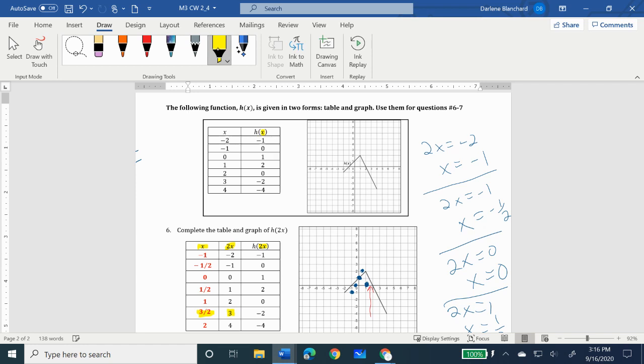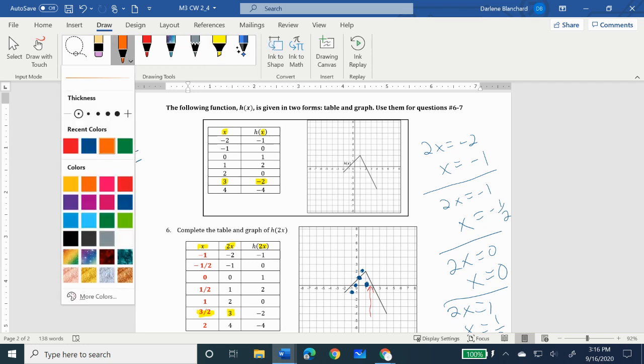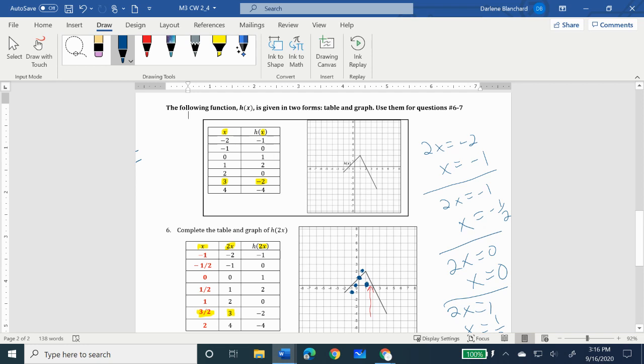When it sees 3 walk in, it says you get -2. I'm going to erase this big arrow for the x coordinate. And now I'm going to plot the point when x is 3/2. The y value is -2. 3/2, -2 is way down here. I'm going to erase those.